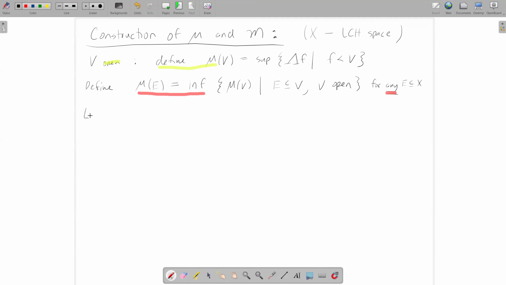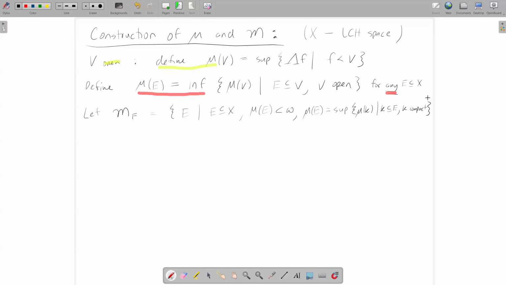Now we're going to let MF be the class of all E, where E is a subset of X, and the measure of E is finite, and the measure of E is equal to the supremum of the measures of K, where K is contained in E and K is compact.